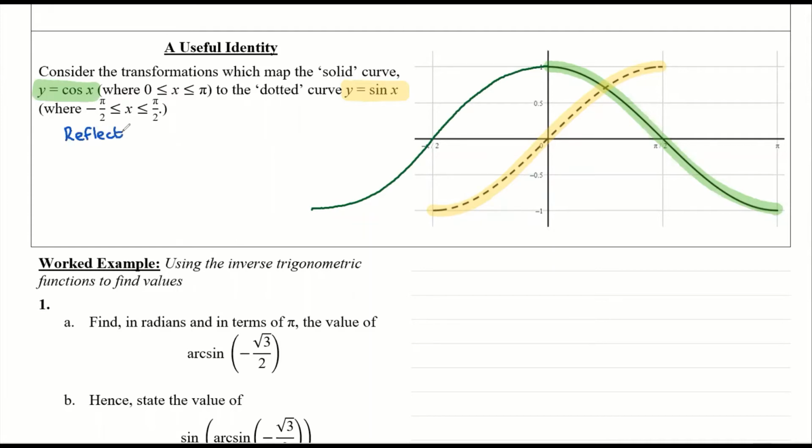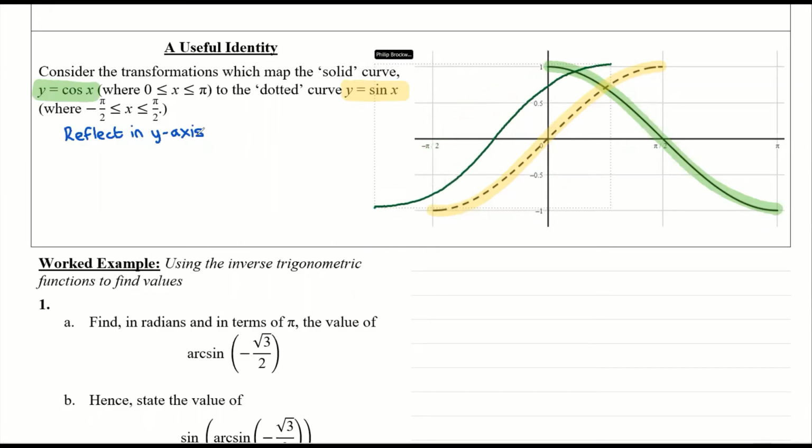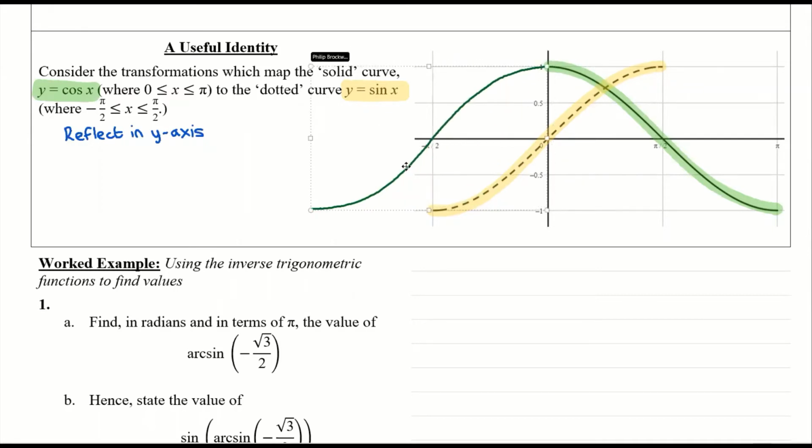So reflect in the y-axis. Okay, and then once you've done that, you might be able to see that if I translate horizontally to the right by pi over 2, I get the sine graph, which, well, I've almost got it. It depends on how good my drawing is, of course. All right, so it looks like we've got a horizontal translation as well.